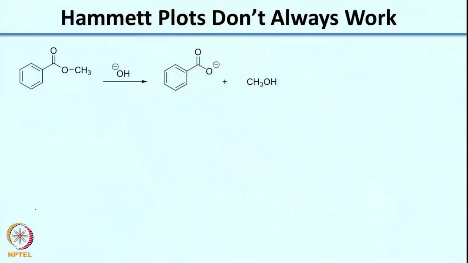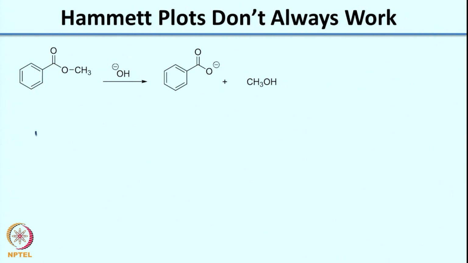But you have to remember that if you want to use the Hammett plot to determine the mechanism, there has to be a difference in rho values between the two mechanisms that you are talking about. So, now let us consider this reaction which is ester hydrolysis.